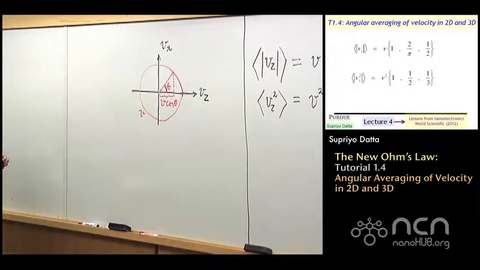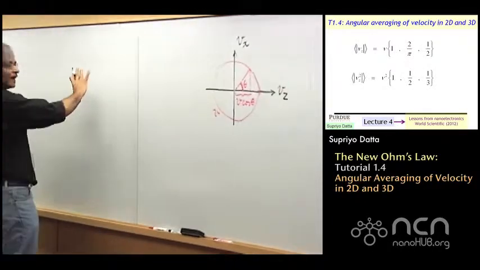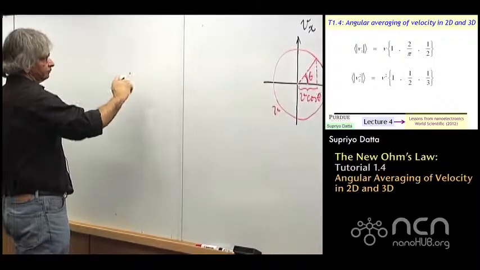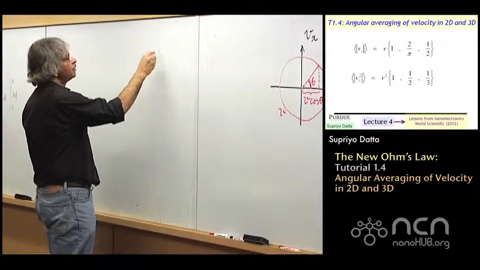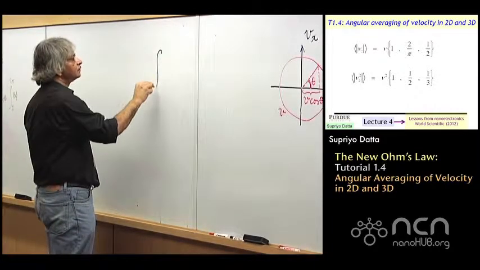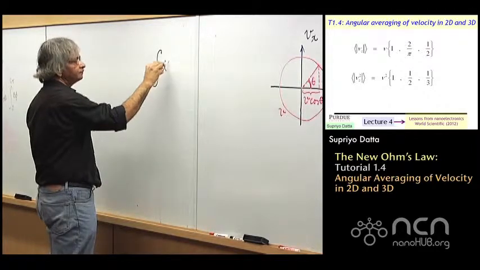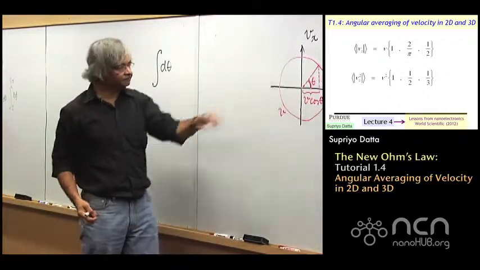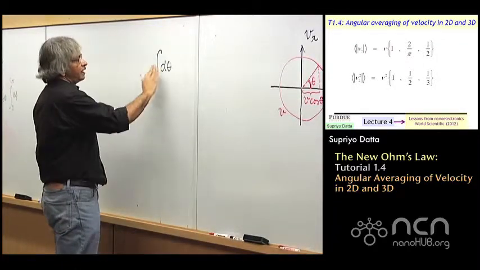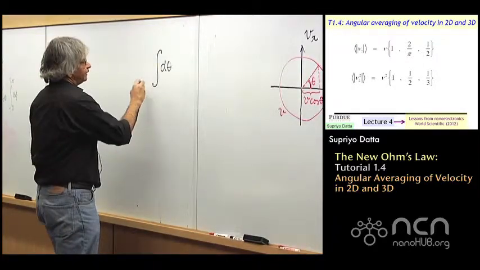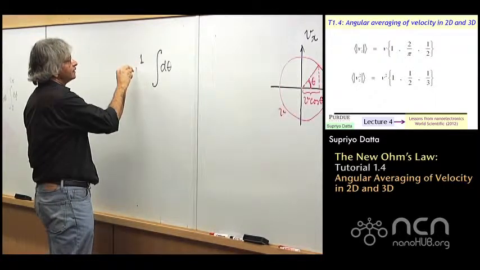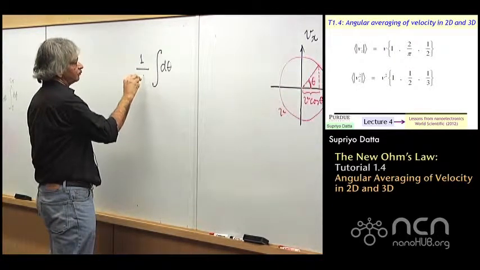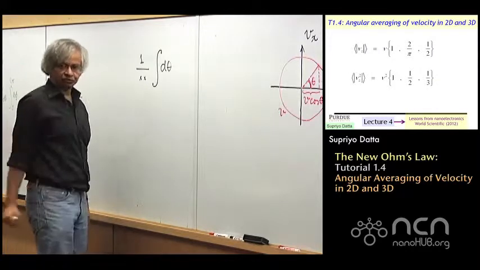What I'd like to argue is that the way you'd find the average of any quantity is you integrate it over this entire angle theta, and then divide it by some number, and the question is what number we should use.